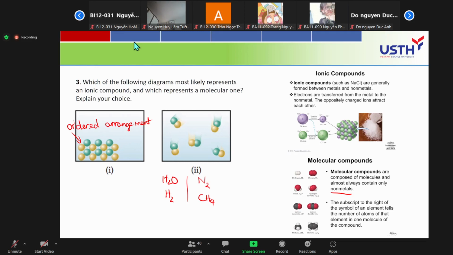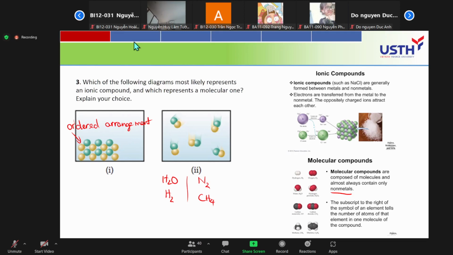So you will not have a very clear positive charge or negative charge in molecular compounds. And when they don't have a clear positive or negative charge, it means that they will not attract other positive and negative charges, like in the case of ionic compounds.